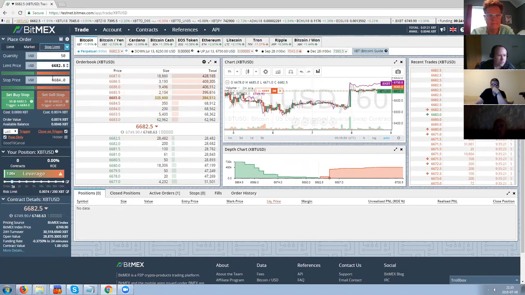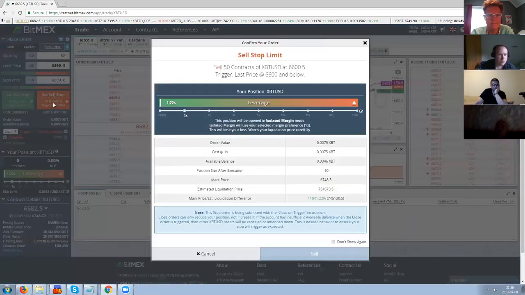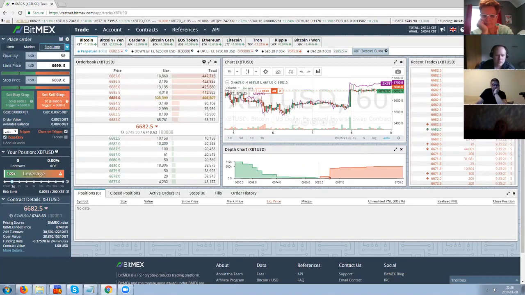So you set at 66.00, for example. If it hits that, then you just set a sell stop. And you just use the leverage you had from your earlier position, and then you hit sell.